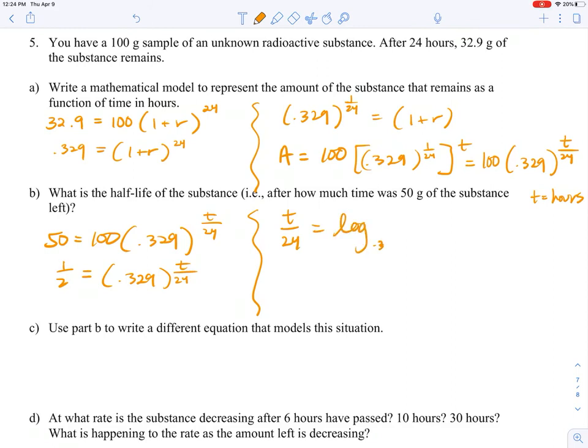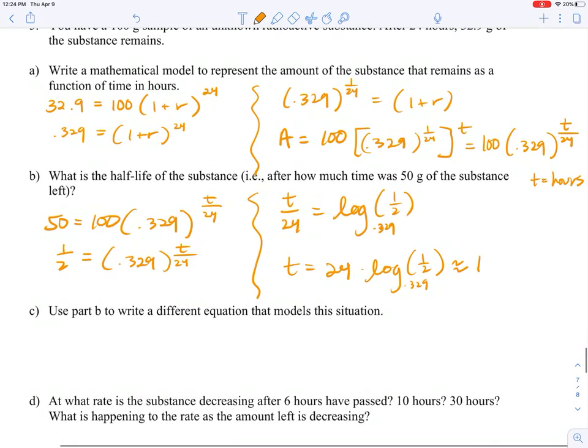Rewriting in logarithmic form, and then if we multiply by 24, I get approximately 14.964 hours.